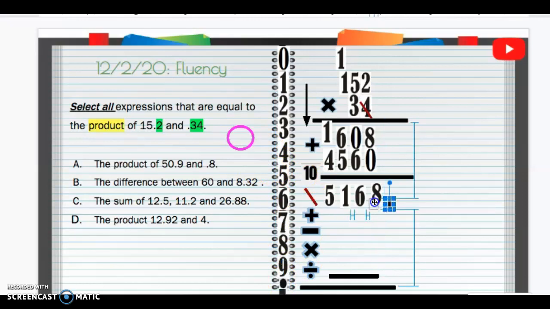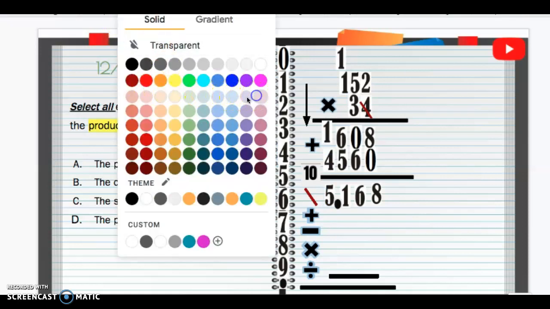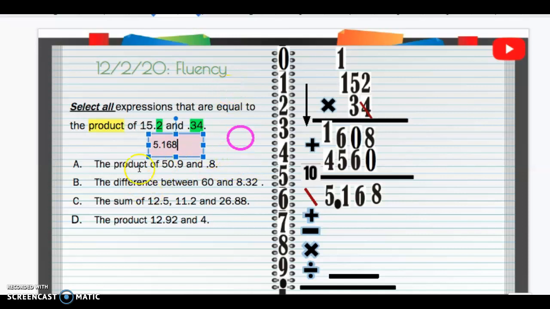So swoop once, swoop twice, swoop 3 times. So my answer is 5.168. So I'm looking for an answer that gives me the answer of 5.168.